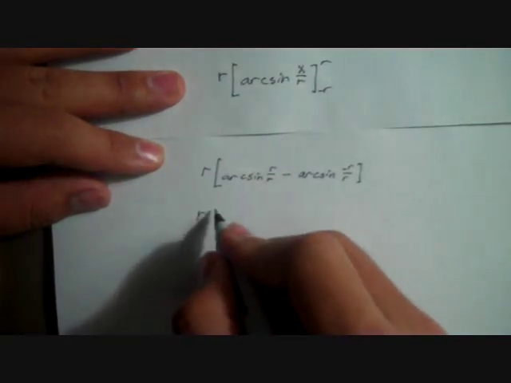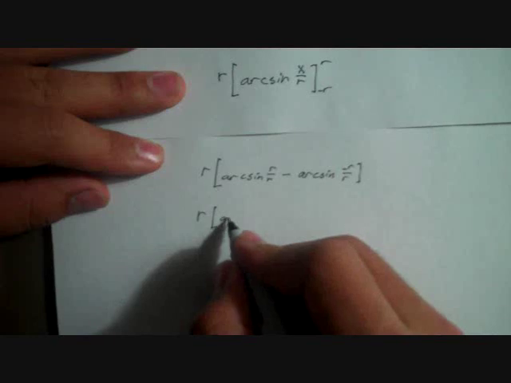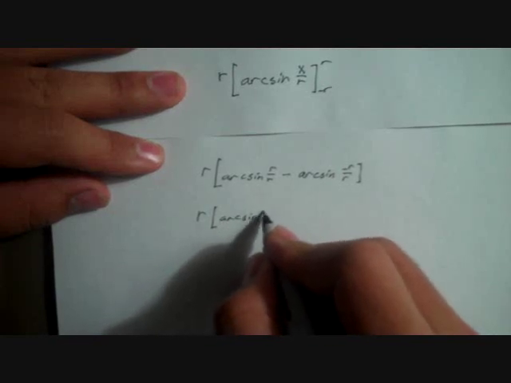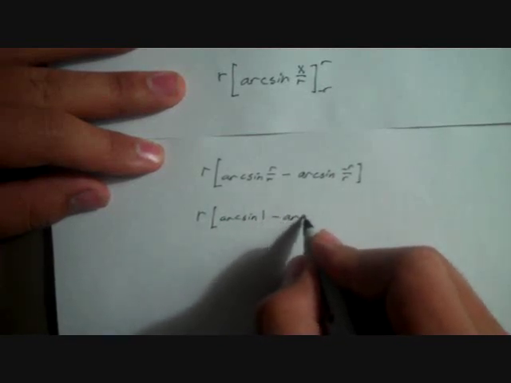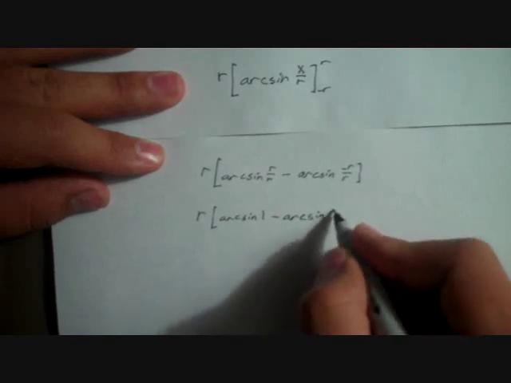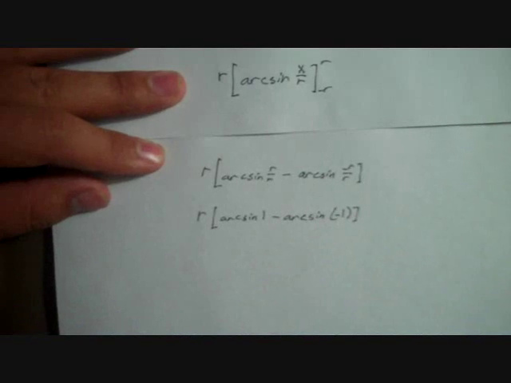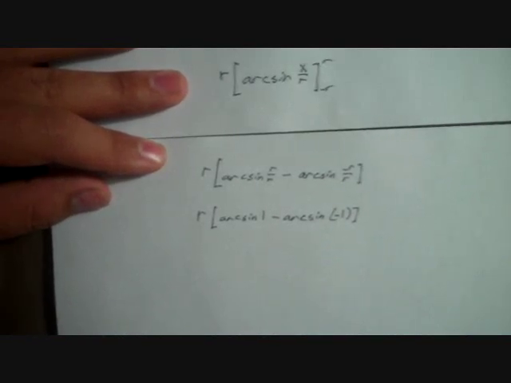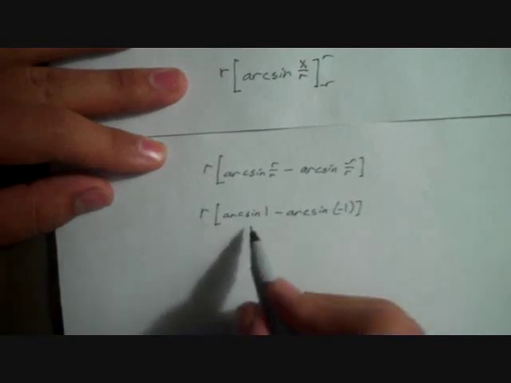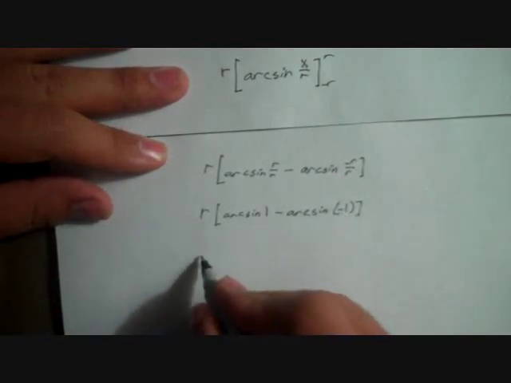So that'll be the same thing as r times arcsine of 1 minus arcsine of negative 1, right? And we know what the arcsine of 1 and the arcsine of negative 1 are.